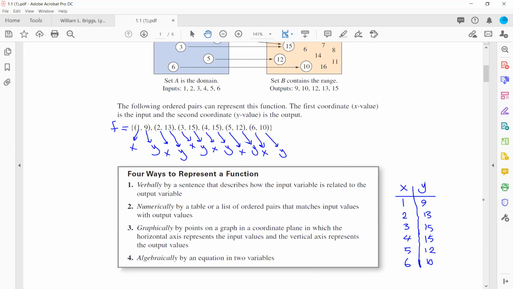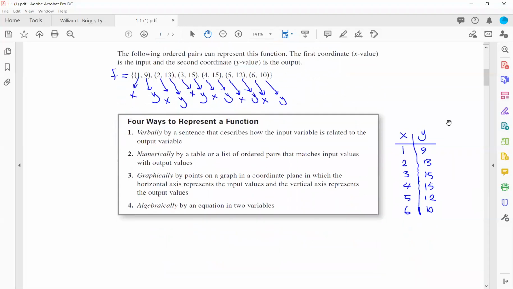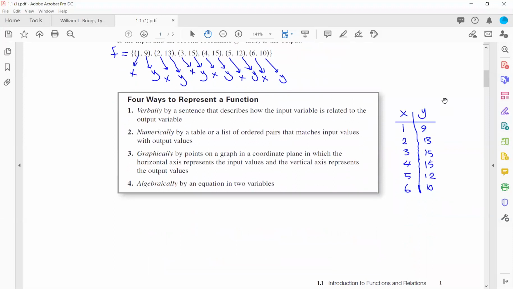We can graph our function. So suppose I have these values, and my goal is to graph my function. X, horizontal axis, y, vertical axis. So on the x-axis, I have 1 through 6.